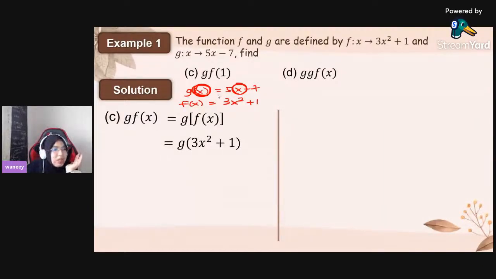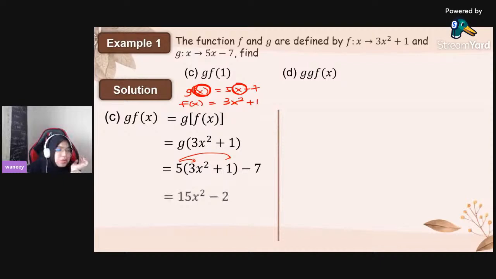This one will become 5 multiplied with (3x squared plus 1) minus 7. Now expand them very, very carefully. So you got 5 times 3, 15x squared plus 5 minus 7. So those will become 15x squared minus 2. So this is g(f(x)).